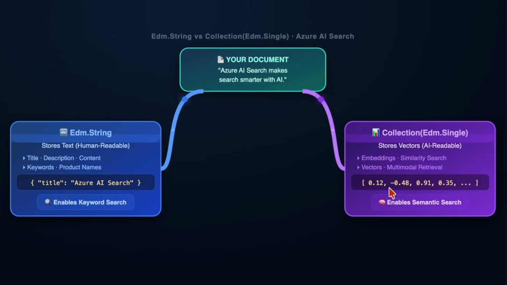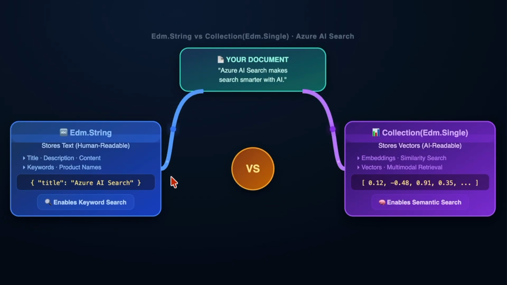When an AI model reads your text, it converts the meaning of that text into a list of numbers, like GPS coordinates, but for meaning. So two sentences that mean the same thing will produce numbers that are close to each other, even if the actual words are completely different. That's why you need Collection(Edm.Single). It's the only field type in Azure AI Search that can store these number arrays. And these number arrays power semantic search, the intelligent kind of search that understands context and meaning.